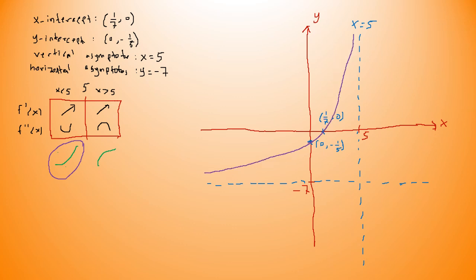And for x greater than 5, this is a rational function, so the other curve must be opposite of the first curve. So it must be here. Alright, finished sketching the graph of the rational function. Thank you for watching.